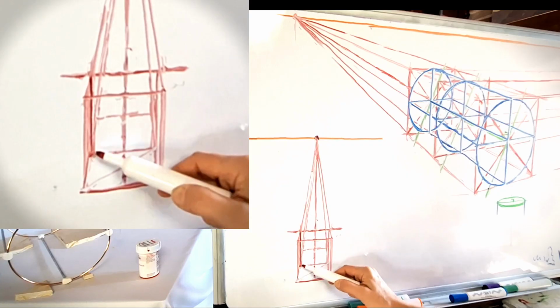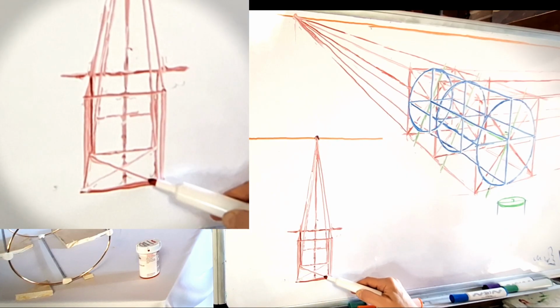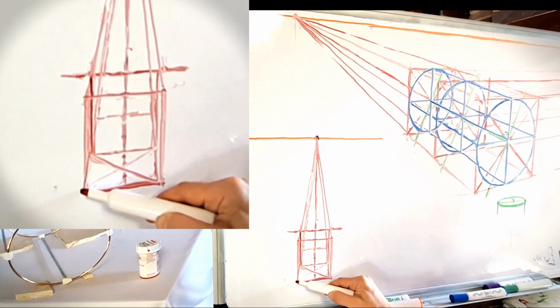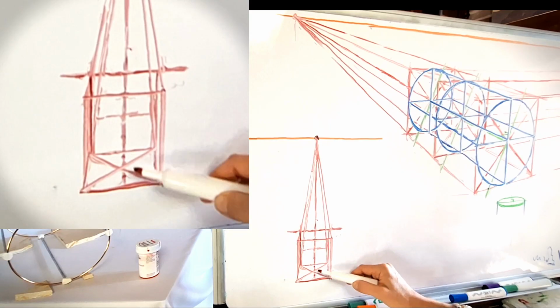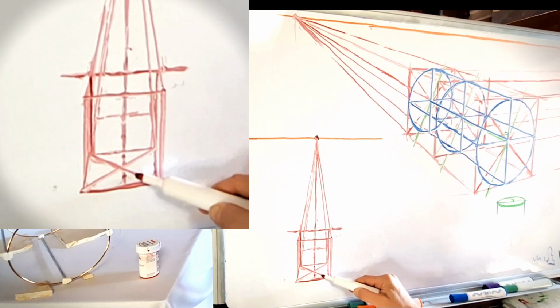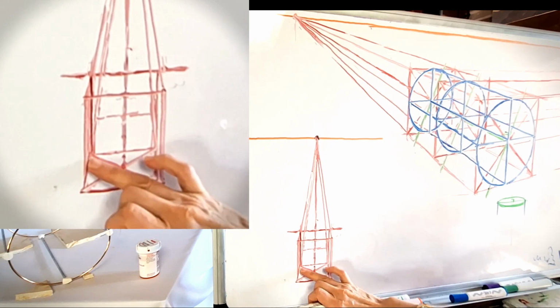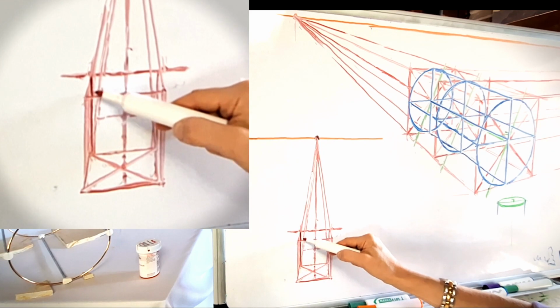Rotational center has to go through the diagonal intersections. Here we go. Our diagonals are supposed to intersect, if you drew everything very nice and straight, right here. And same thing is happening at the top.